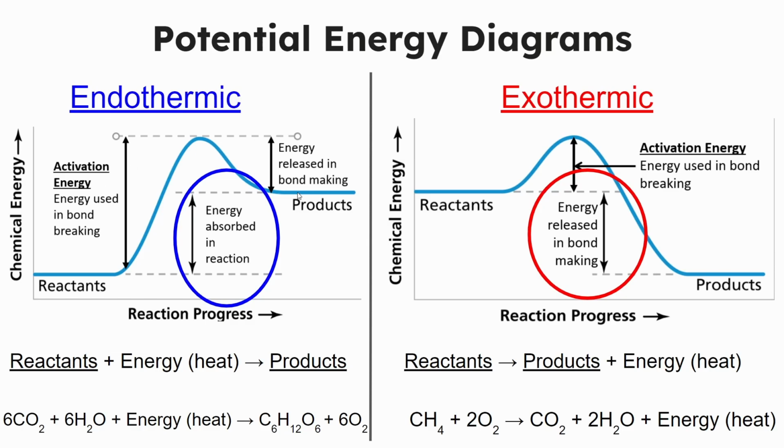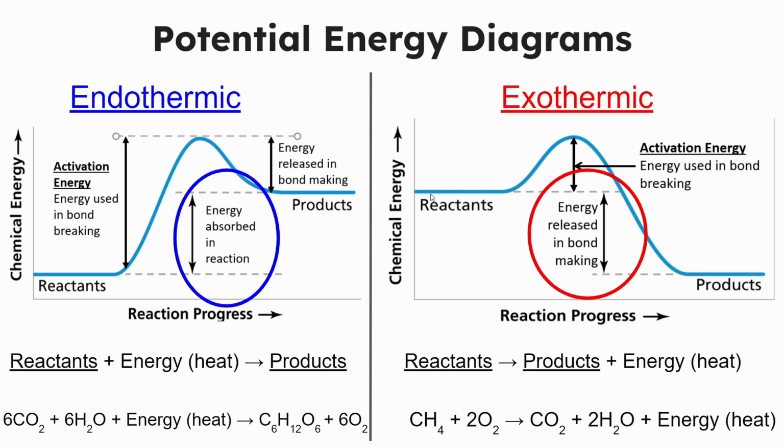And endothermic reactions, all the time, feel cold, mainly because they're taking energy out of the environment and storing it in chemical bonds. So any type of endothermic reaction would feel cold to an observer. An exothermic reaction is the exact opposite.